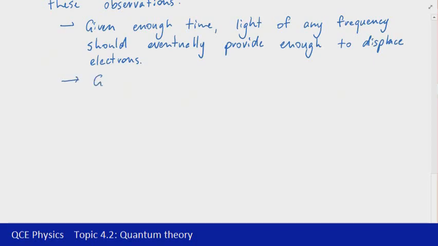The second one is the issue of intensity. Greater intensity of light, or of a wave, means greater energy.